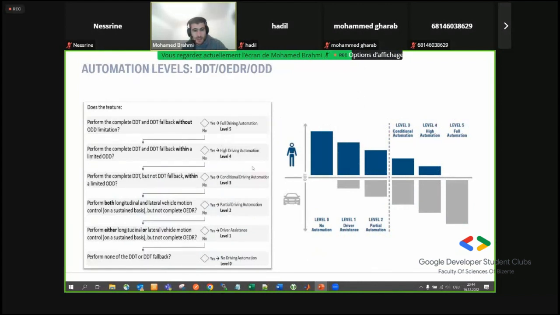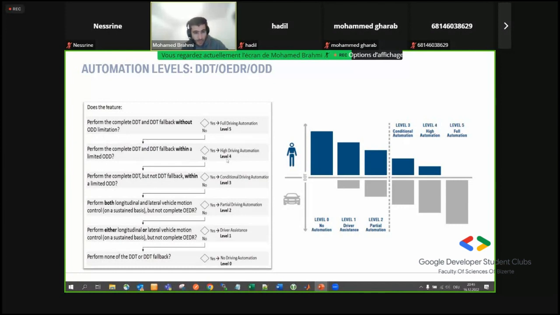It's just a chart telling you how to find out the level of a certain system. You start here, you say, okay, is the system able to do all the driving tasks without any ODD limitations? If yes, then it is a level 5. If no, then you ask again, is it possible with ODD limitation?